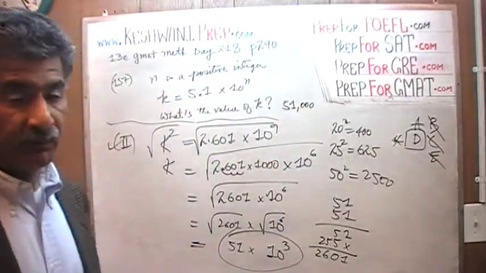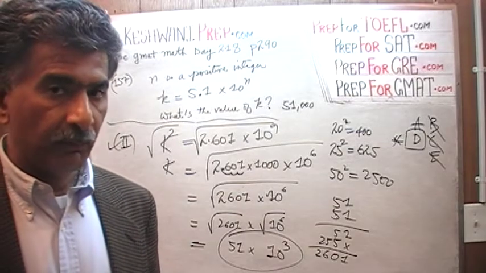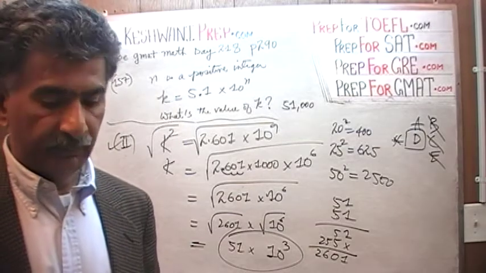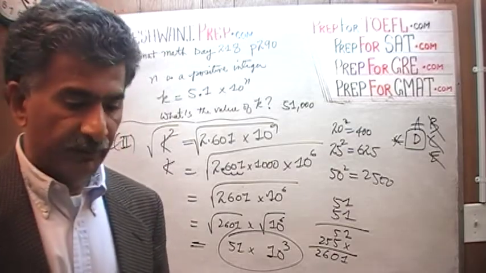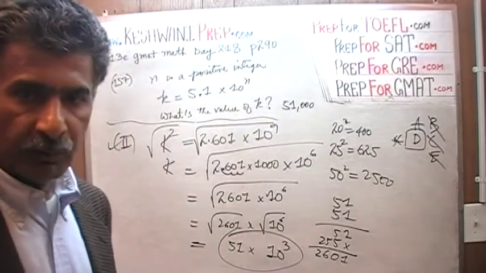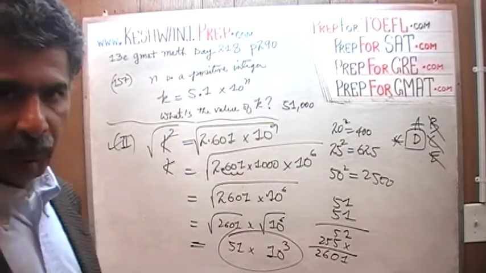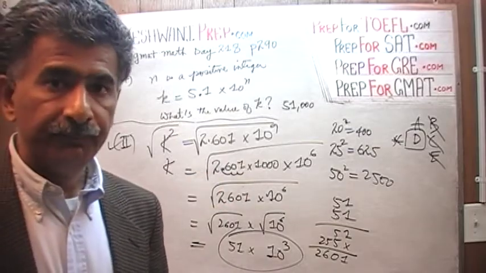Just like what we found in the first statement. This should not be a surprise to us. In the first statement we found that the value of k was 51,000. They never contradict each other. And therefore the second statement by itself is also enough. We don't have to do all this work to figure that part out. We figured that out a long time ago. It's just a matter of doing it out. The answer is D. Alright? Bye now.